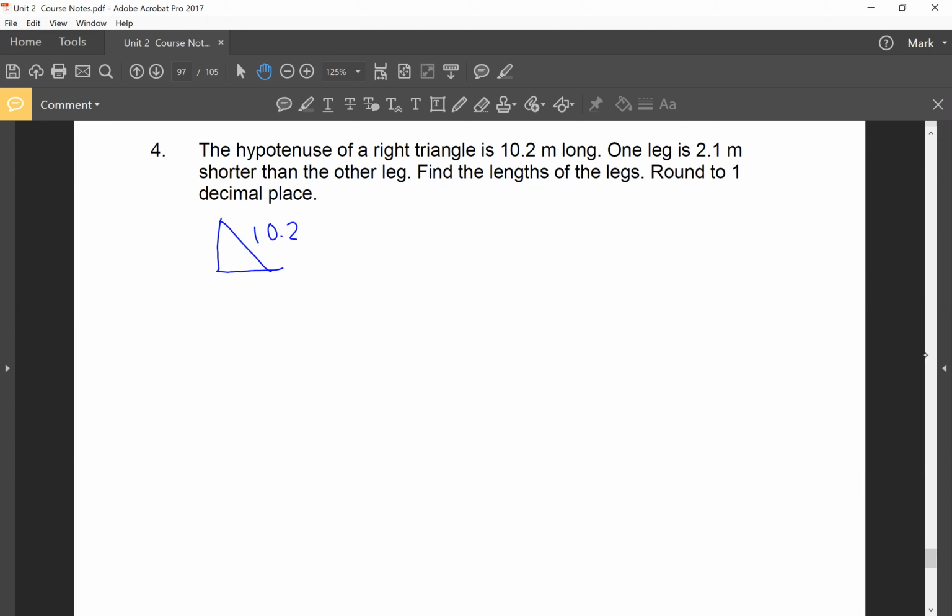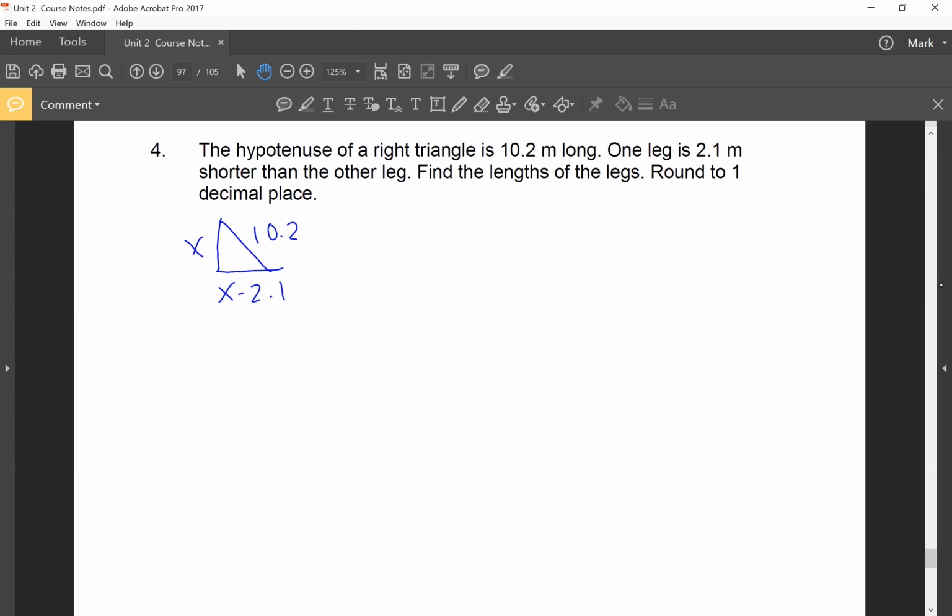The hypotenuse of a right triangle is 10.2 meters long. One leg is 2.1 meters shorter than the other leg. A leg means the side of the triangle. So we're going to set it equal to x, and the other one is 2.1 shorter, so this will be x minus 2.1.